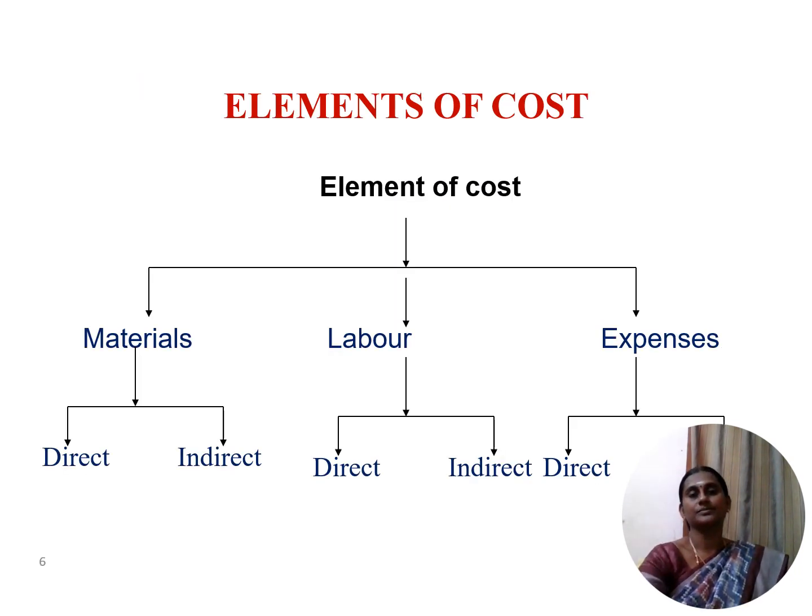Elements of cost. So elements of cost, the cost can be classified into three categories. One is material, another one is labor, and third one is expenses. So the material can be classified into two. One is direct material and another one is indirect material.